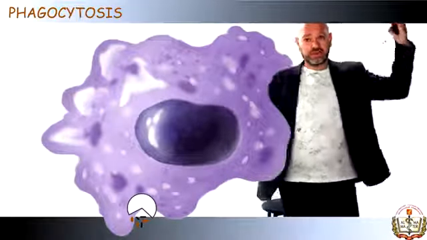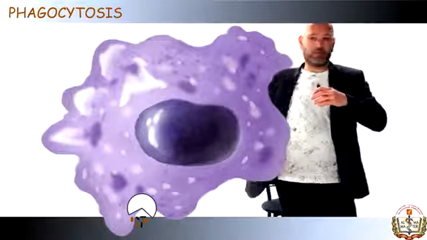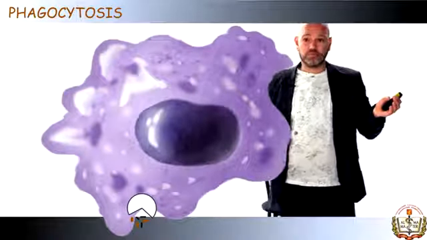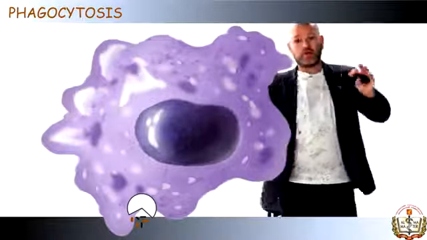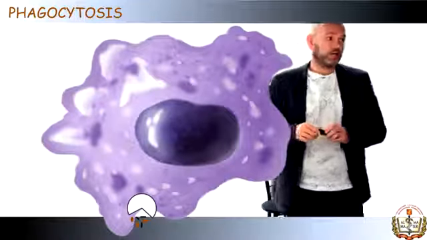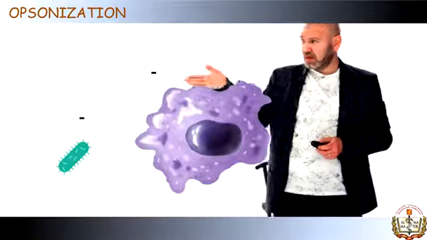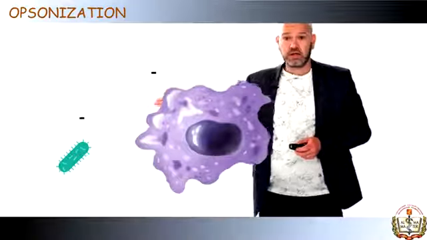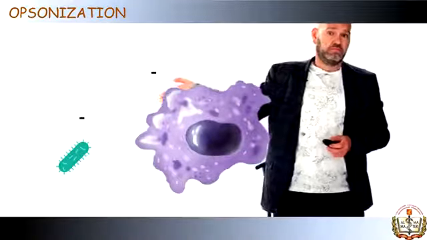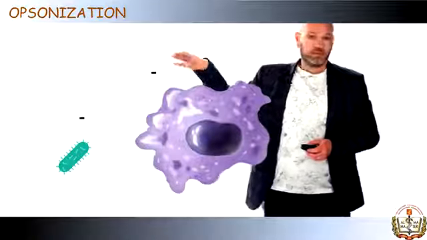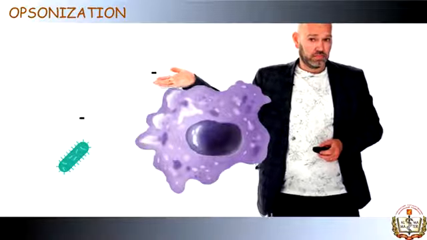So every cell, macrophage, foreign cell, in general has a charge as well. It is a summary of every chemical's charge in the cell. So initially, if we take a look at a macrophage and bacteria, they both have a negative charge. Why is it a problem?